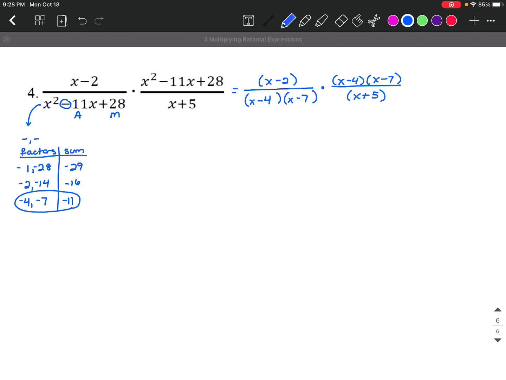Now when I multiply across the top, x minus 2 times x minus 4 times x minus 7, and in the bottom I have x minus 4 times x minus 7 times x plus 5. My x minus 4's cancel, my x minus 7's cancel, and I am left with x minus 2 over x plus 5.